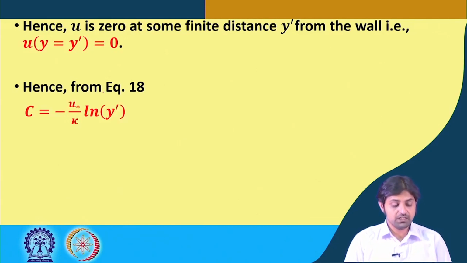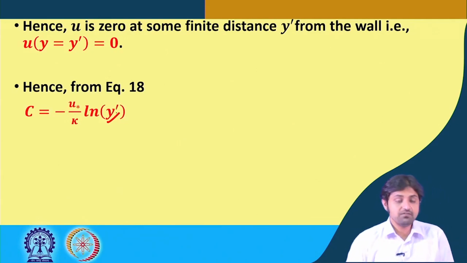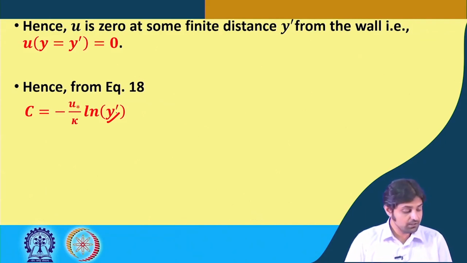Hence from equation 18 we can say that at distance y prime, c will be minus u star by kappa ln y prime, because if we put y equal to 0, it is going to be infinity. So this logarithmic profile does not fit there.